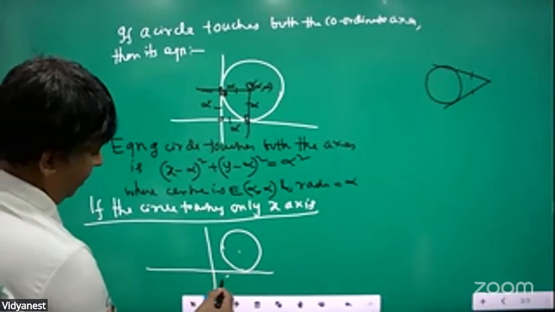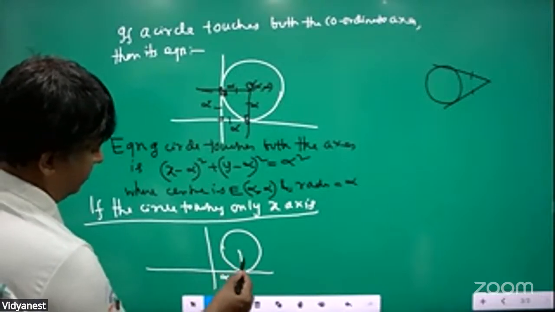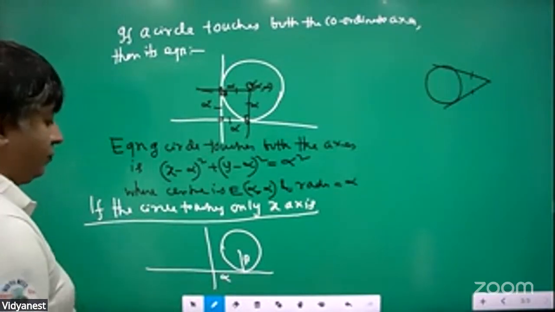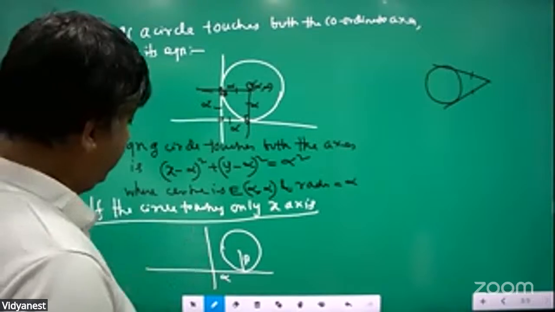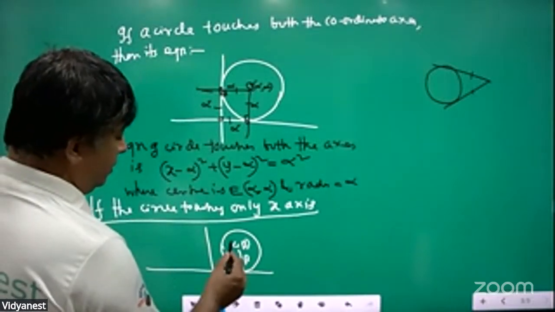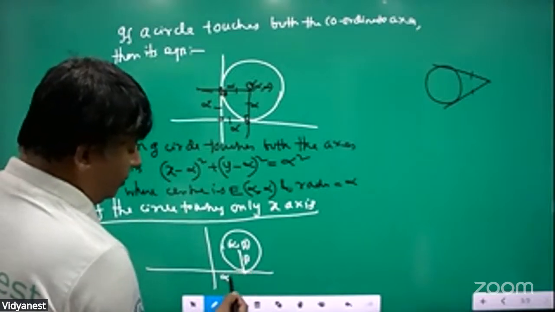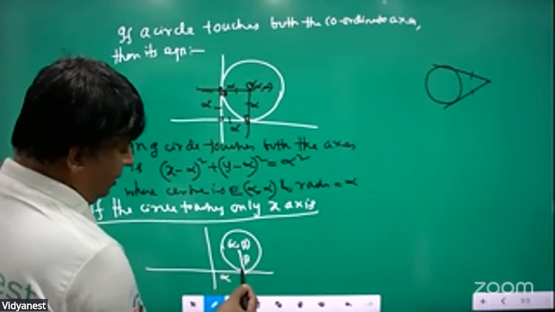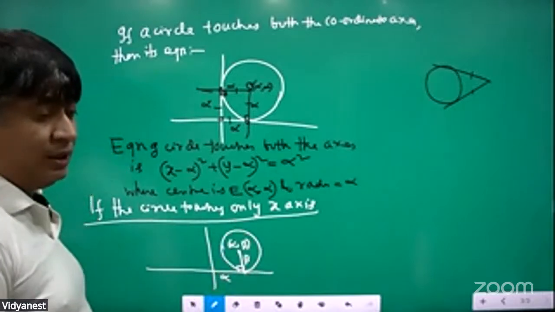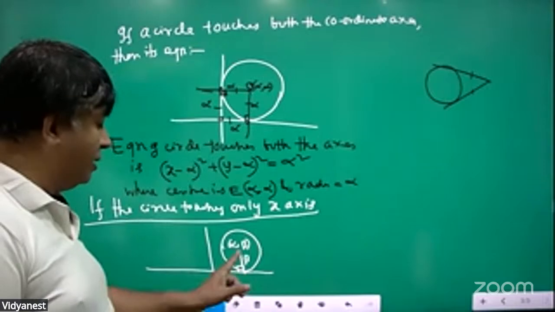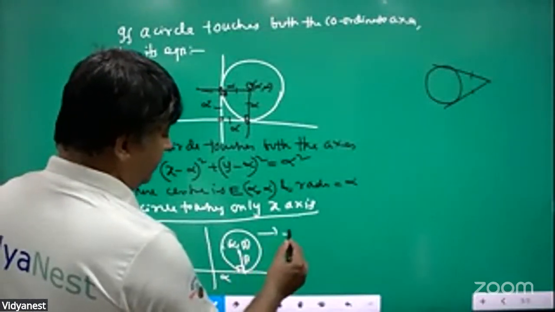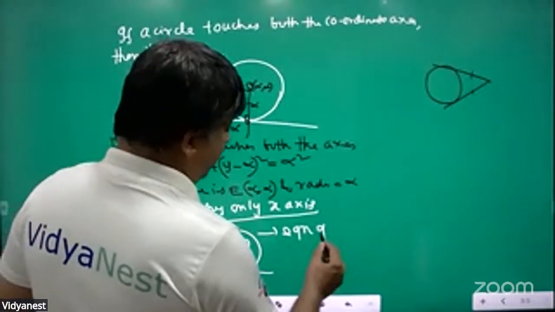So if this is alpha and this is beta, if I wish, I can consider this. So the center is alpha, beta and the radius is beta. Why? Because in a circle, radius and tangent are perpendicular to each other. This is perpendicular, so this must be considered as the radius. So in this case, what will the equation of the circle be?